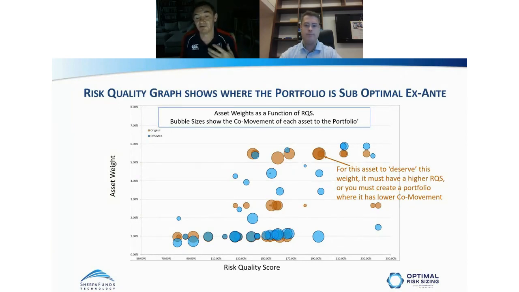And the point of the picture is it tells you very straightforwardly: if you have that asset at 5.5%, you must like it more than you've said you like it, because its risk attributes, when you mesh it up with everything else in the portfolio, are insufficiently positive to give it that weight. And actually, Sherpa says it should be at 1%.